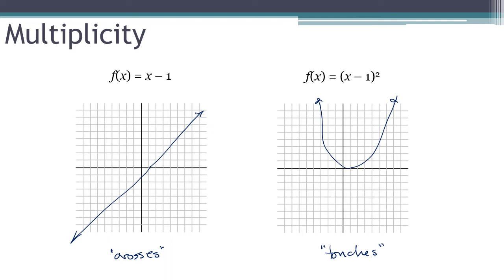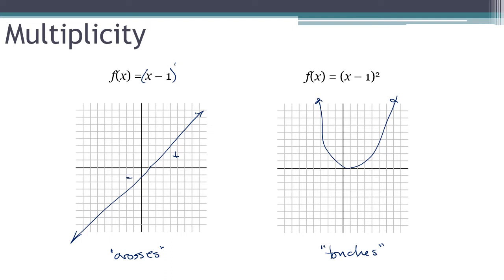So if you look at my linear equation here, the exponent is 1, and that's an odd number. Right? When we raise a positive number to an odd exponent, we get a positive number, and you see that here. And when we raise a negative number to an odd exponent, we get a different result. We get a negative number.